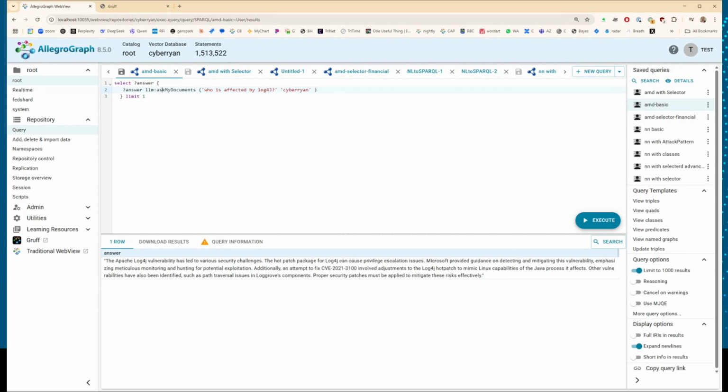What it will do is first a nearest neighbor search, and then based on that, it will concatenate all the terms that you find together, and then you send the question, who's affected by log4j, plus the fragments that you found, to an LLM, and it will find the answer in your fragments. And that is what LLM Ask My Documents does. Does that make sense?